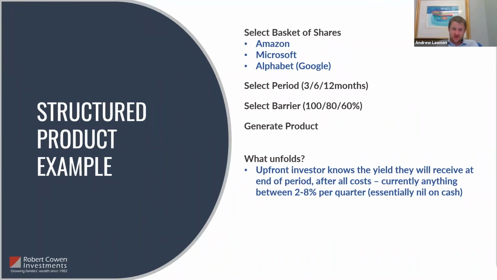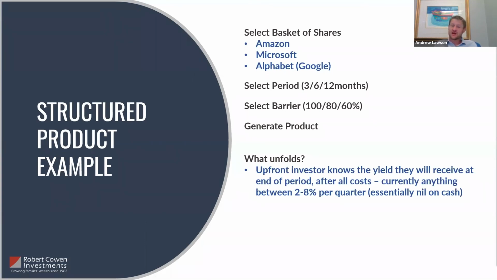By selecting the basket of shares, a period of 3 months and a barrier of 60%, you could potentially earn an income yield, essentially an interest number, depending on the basket, the period and the barrier, of between 2 and 8% per quarter. Compare that to essentially getting 0% on cash in the US.